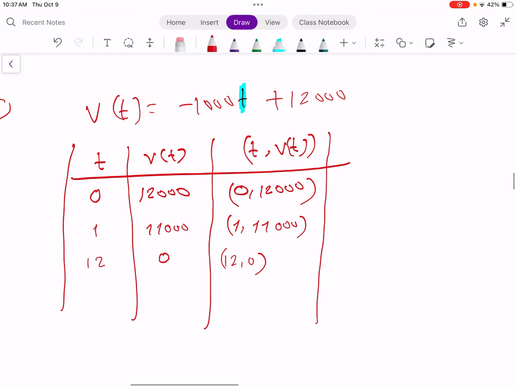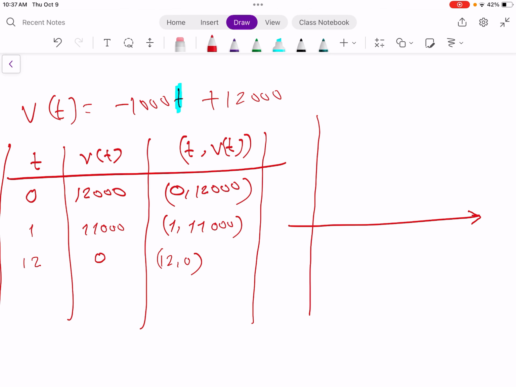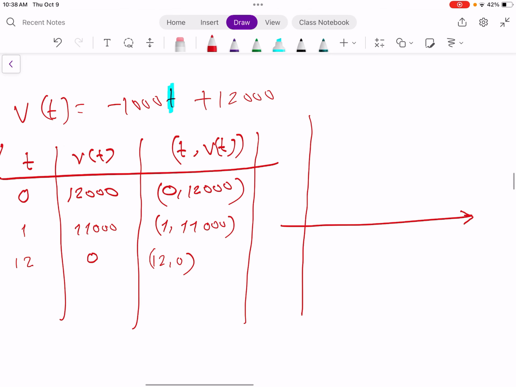Now let's go ahead and graph this. To graph, we need our horizontal axis. In our case, the horizontal axis is time. The vertical axis is the value of the printer, V of T. We have the origin, that's the starting point or the purchase date.